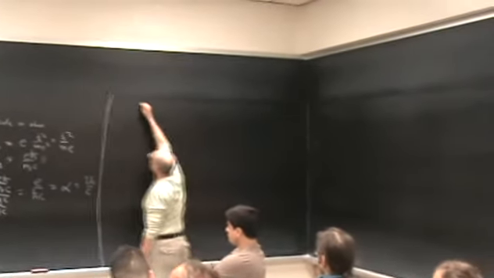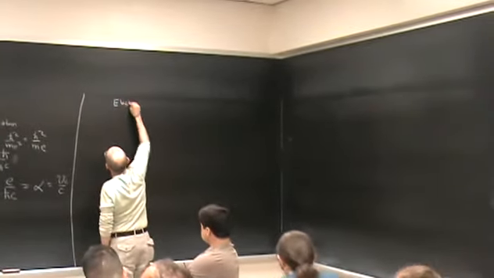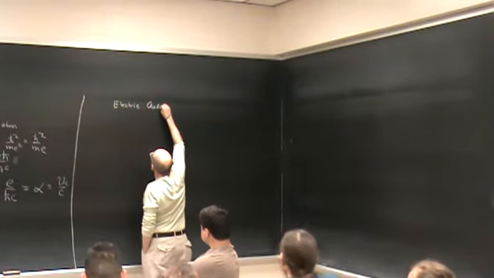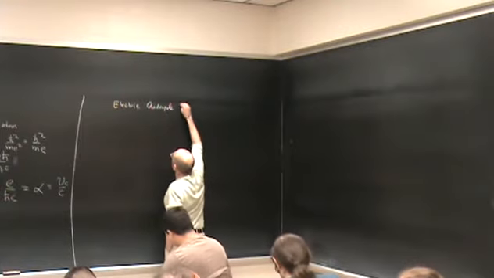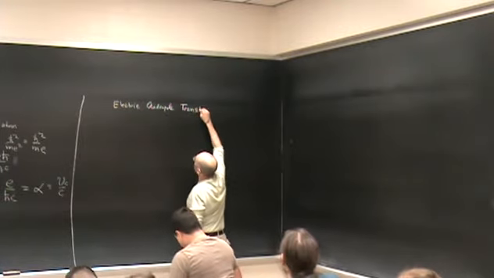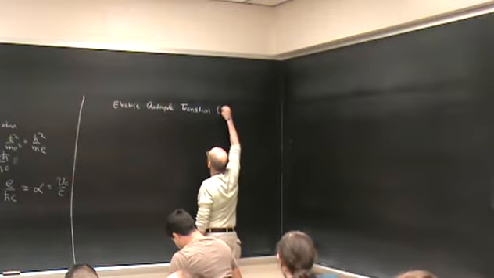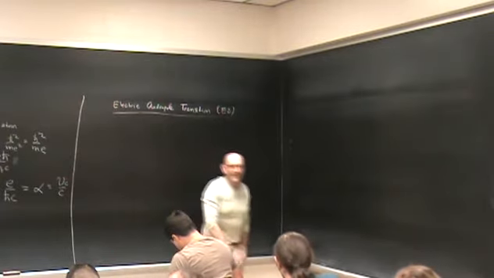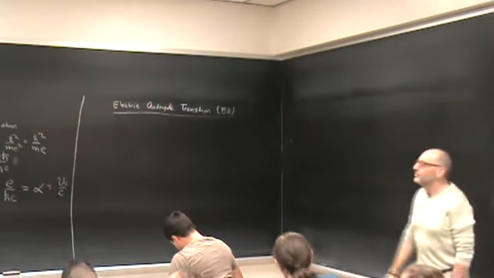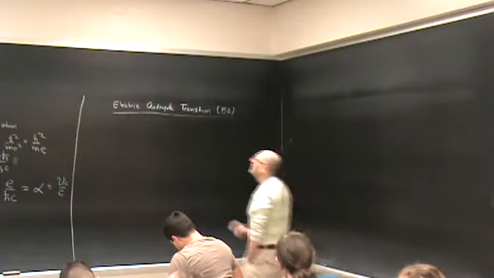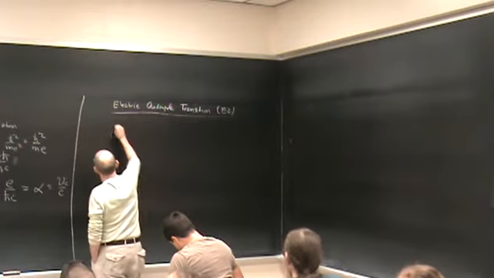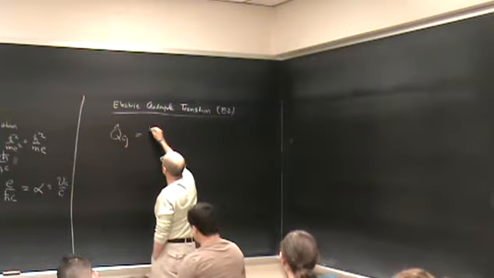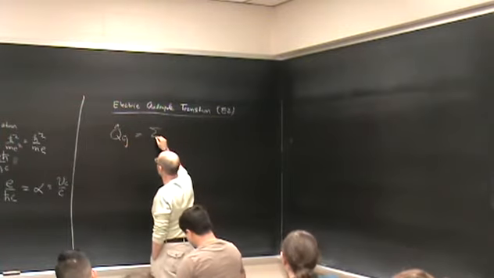Now let's talk about electric quadrupole transitions, E2. Okay. All right. So now we have the electric quadrupole operator, which everyone knows is the sum over all the charges.